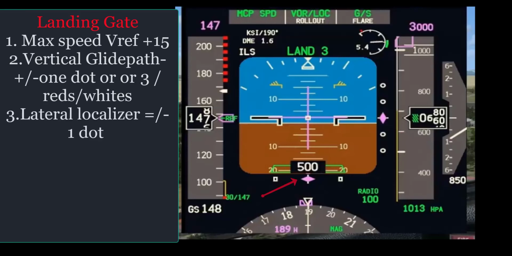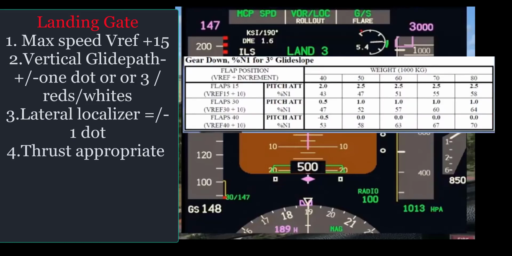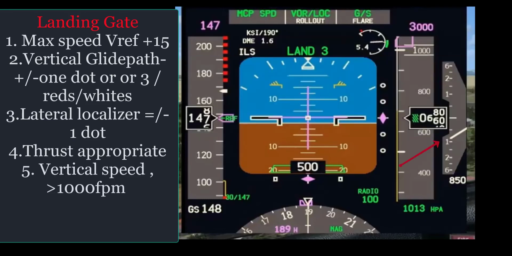The lateral localizer should be within 1 dot. The engine thrust should be appropriate for the situation. Vertical speed should be less than 1,000 foot per minute unless it has been briefed otherwise.